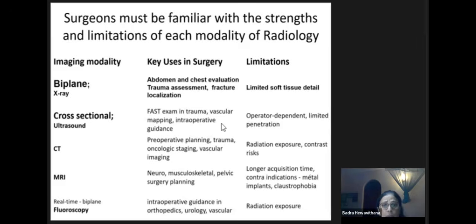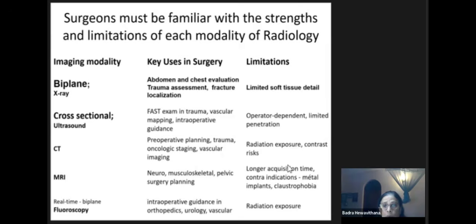Ultrasound is the cheapest and most available, but it is hugely operator dependent and has limited penetration. With CT, the drawback is the radiation exposure and the risk of contrast, especially in people with low eGFR, less than 30. With MRI, the main applications are neuro, musculoskeletal and pelvic surgery planning.